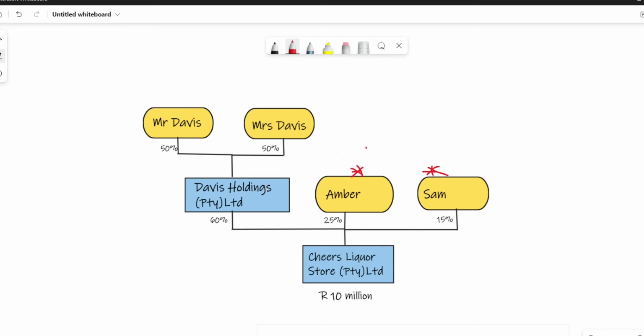So what they could do is decide that they could take out a policy instead on the life of Mr. Davis, so that on the passing of Mr. Davis, that policy that Amber and Sam had taken out on his life will pay out to them, so that they can actually buy out Davis Holding Company over here, the 60%.